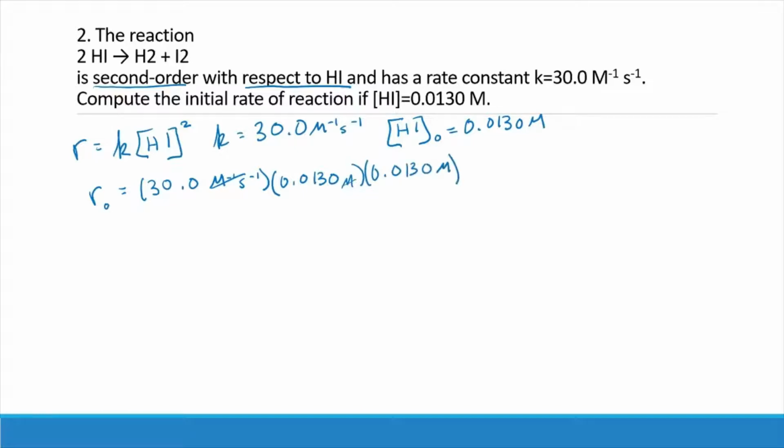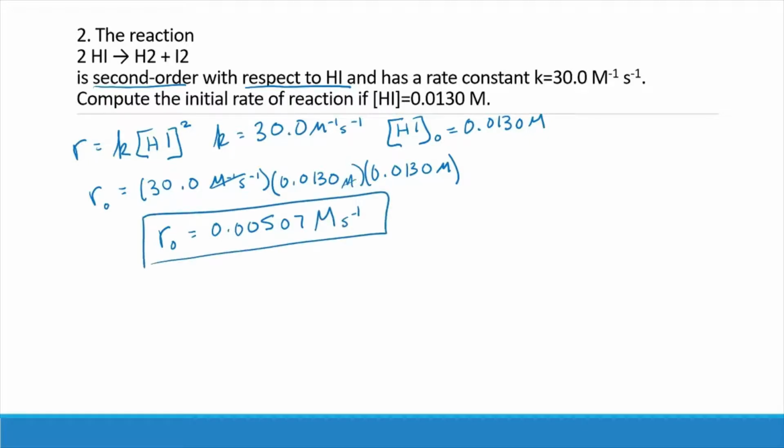There we go. So just rewriting that so you can see the units canceling and what stays. So then this rate is 0.00507 molar times inverse second, or molar per second. So number 2, the trick was writing the rate equation based off of the information they gave you.